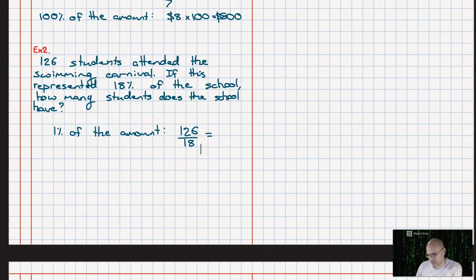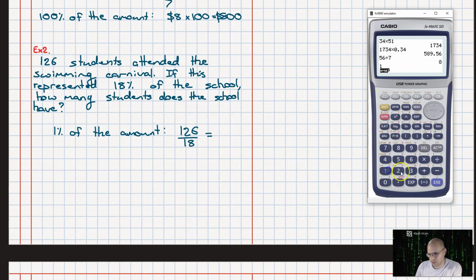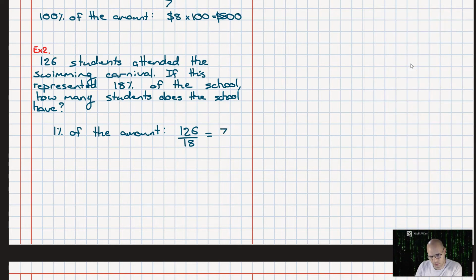Bringing up the calculator, 126 divided by 18 gives us 7. So 1% of the school community is represented by 7 students. Therefore, 100% of the school community is going to be 7 times 100, and that will come out to be 700.